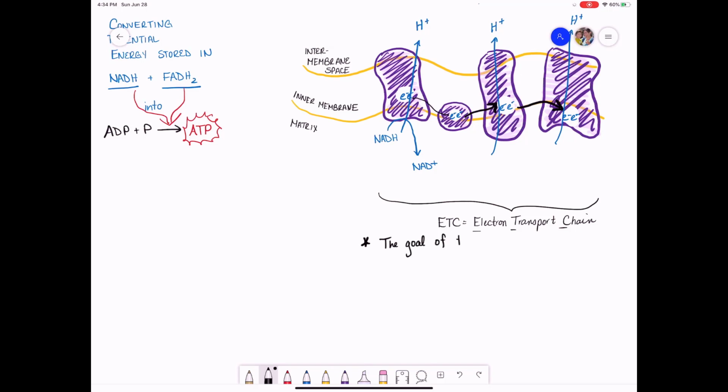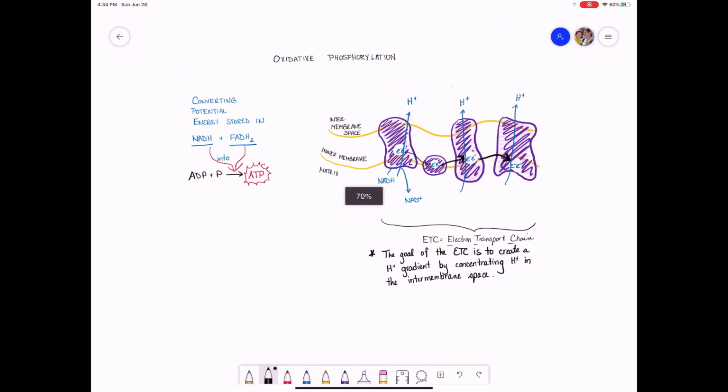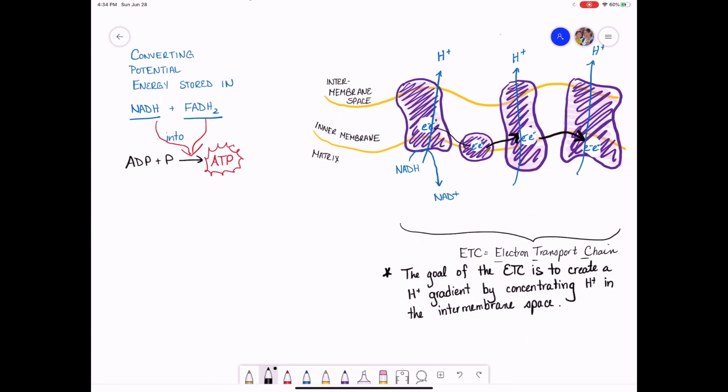And what that does is create a gradient of hydrogen ions in the intermembrane space. In fact, as you might expect, the accumulation of hydrogen ions makes the intermembrane space quite acidic because there's an excess of H+. So our goal is actually to create a hydrogen ion gradient in one of the compartments. And this is going to drive the production of ATP.